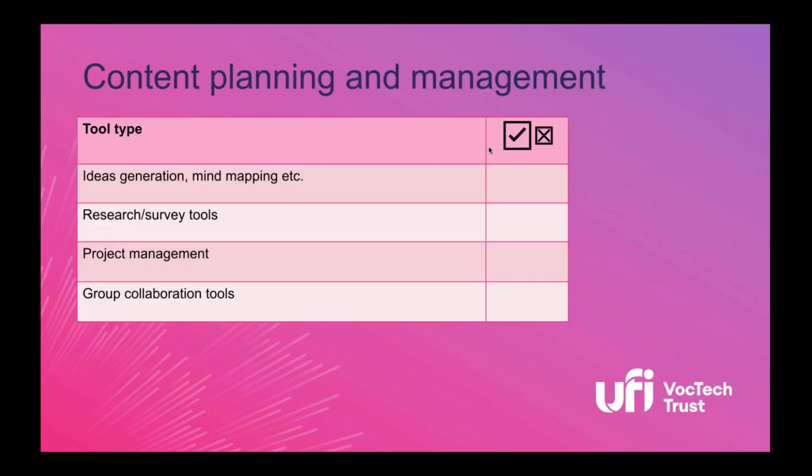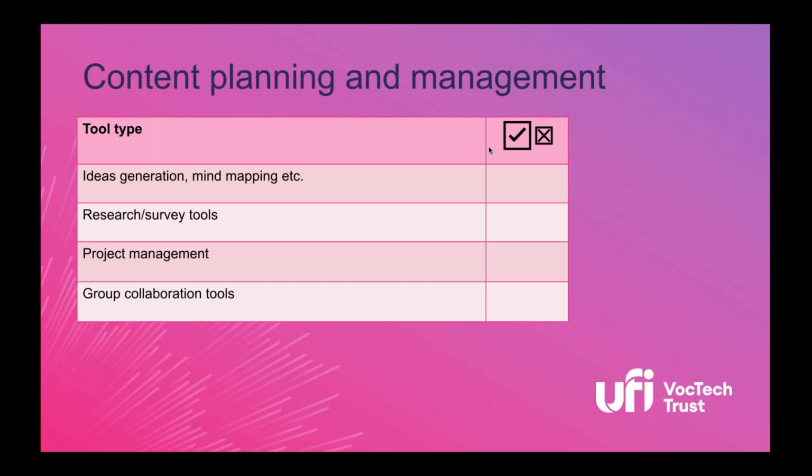So content planning and management. Don't underestimate the importance of these. They can really help lay strong foundations. And you may need some kind of content planning and management system, even if you're just, for example, converting an existing live training course to an e-learning course. For example, you may want to share or develop ideas with colleagues.